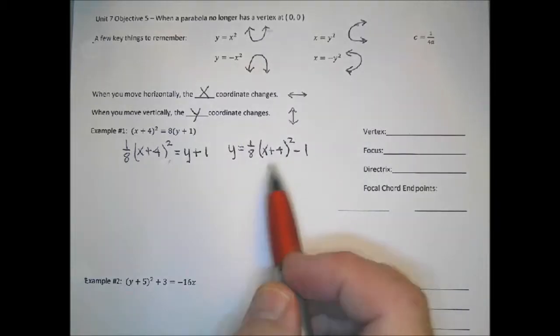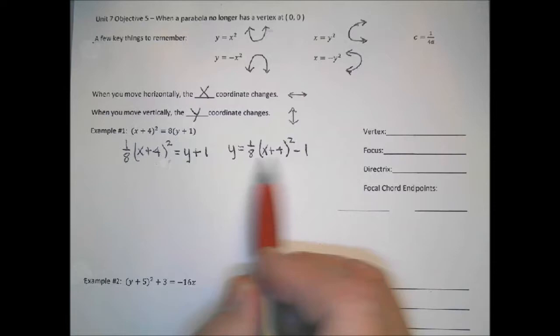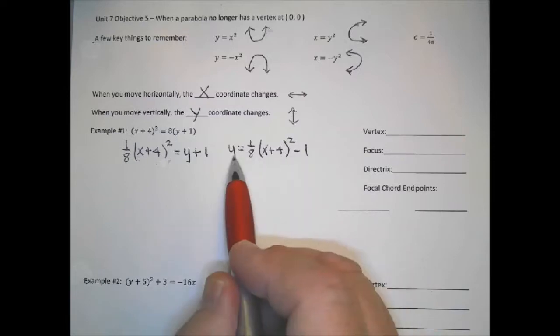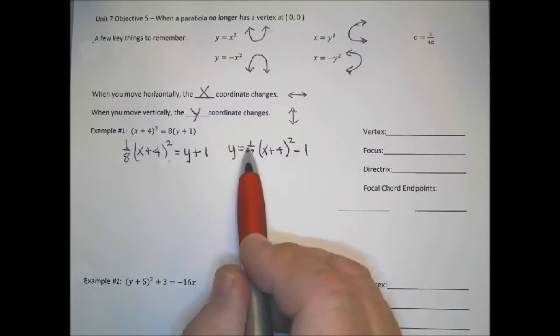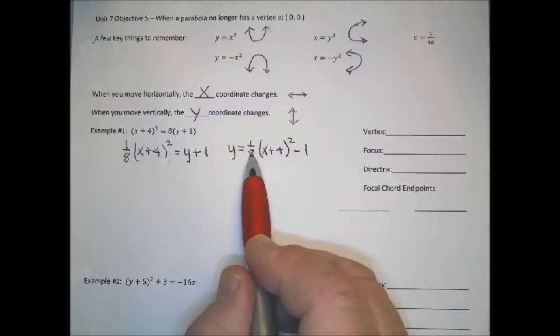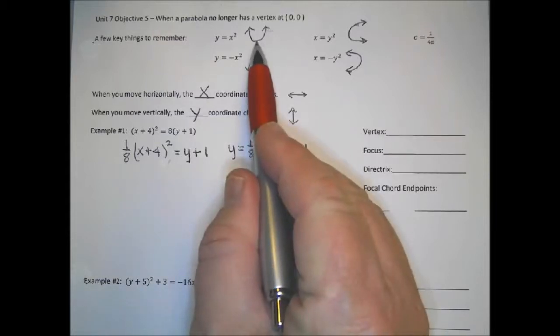So now I've taken the equation into this descriptive form. And the reason it's called descriptive form, I know a lot about this parabola now that I'm in this form. I know y equals 1/8 x squared. The 1/8 is positive, so I already know this parabola is going to open up.